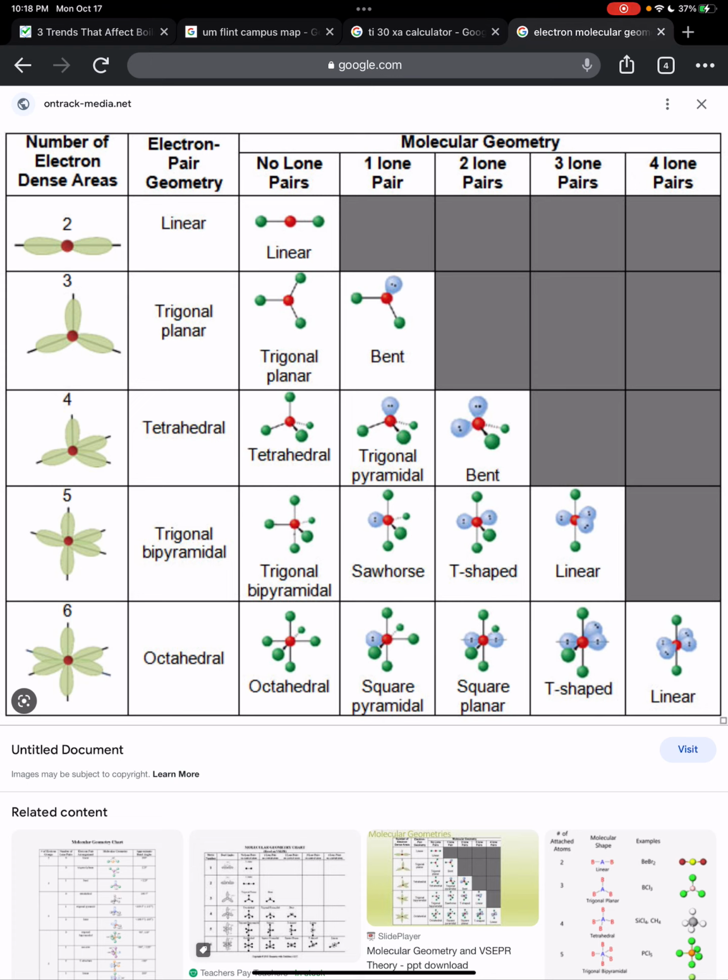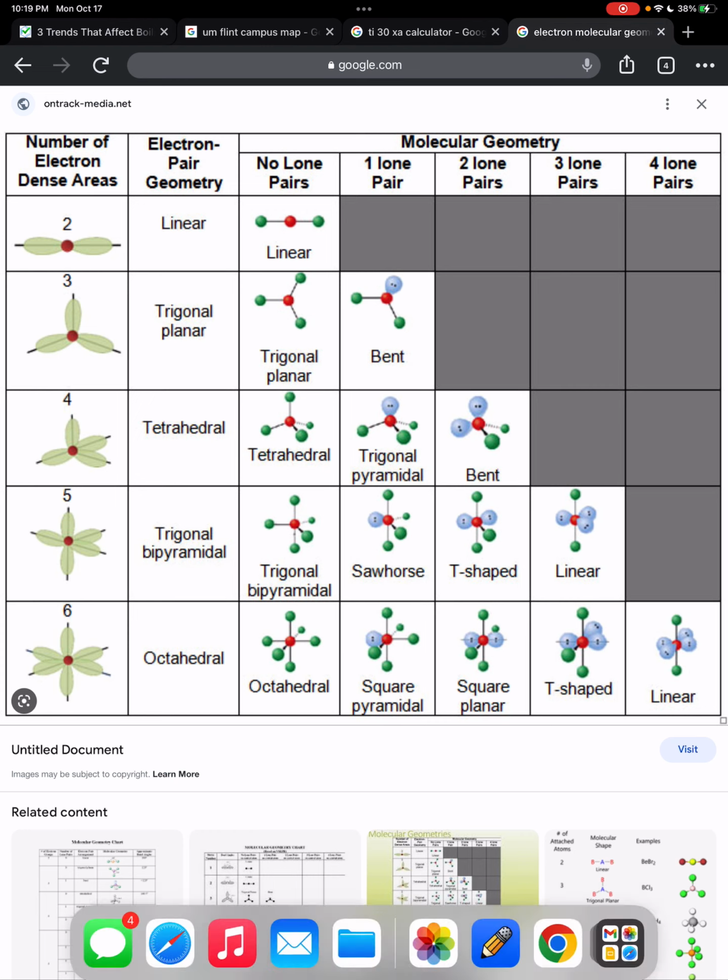So we're going to use the table. I don't think you'll have this table on the exam, so you will have to memorize this. But yeah, we have 4 electron groups, which means it's tetrahedral electron geometry. One of those is a lone pair, which means it's a trigonal pyramidal molecular geometry. If it had 2, it would be called a bent molecular geometry.